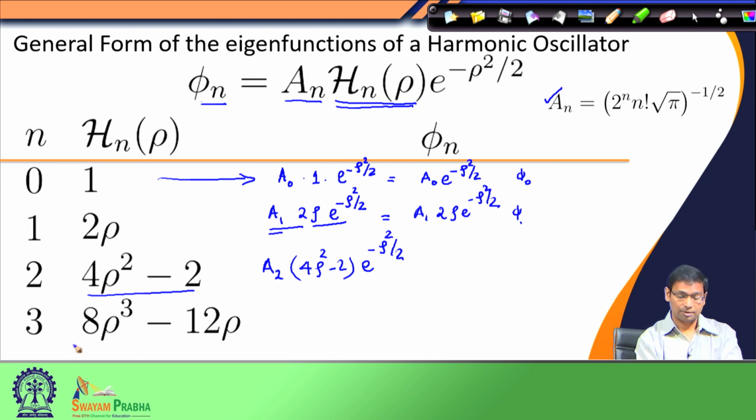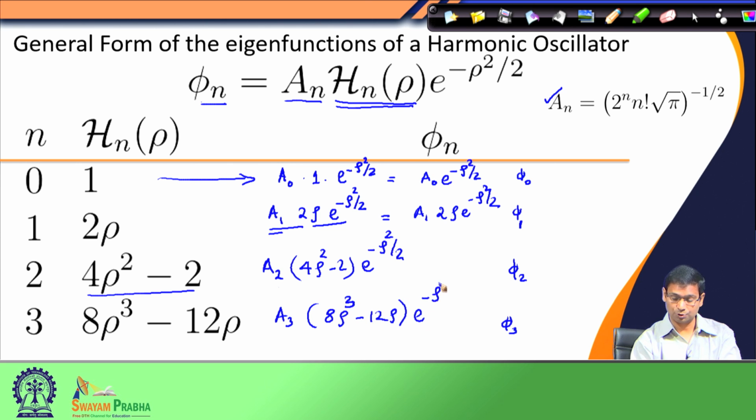And similarly, phi 3 would be a 3, the third order Hermite polynomial 8 rho cube minus 12 rho, into e to the power minus rho square by 2. So, as you can see, it becomes very easy to write down the eigenfunctions of harmonic oscillator in this manner.